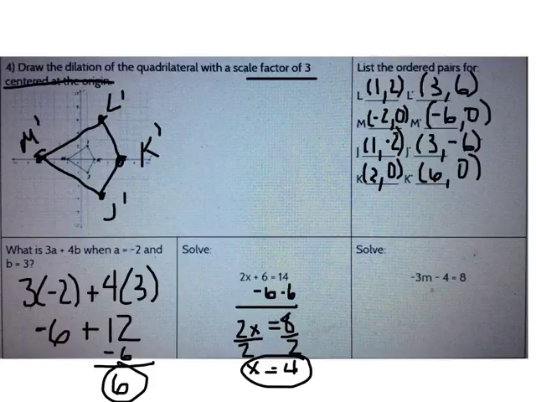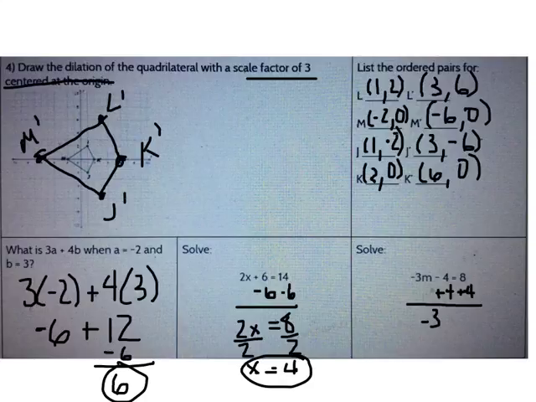Let's do another one. What would I do first to solve this problem? Negative 3m minus 4 equals 8. First, I would need to get negative 3m by itself, so I would add 4 to both sides, because plus 4 is the opposite of minus 4.